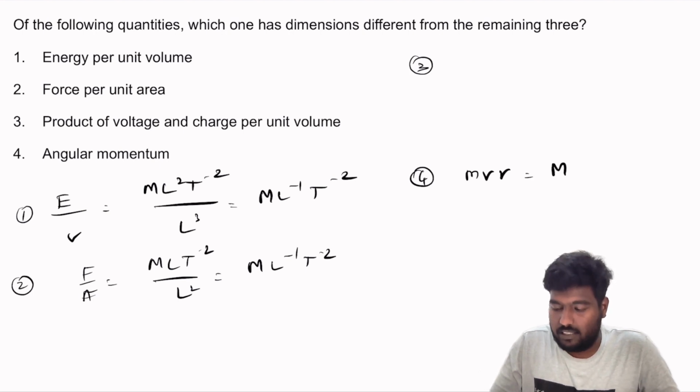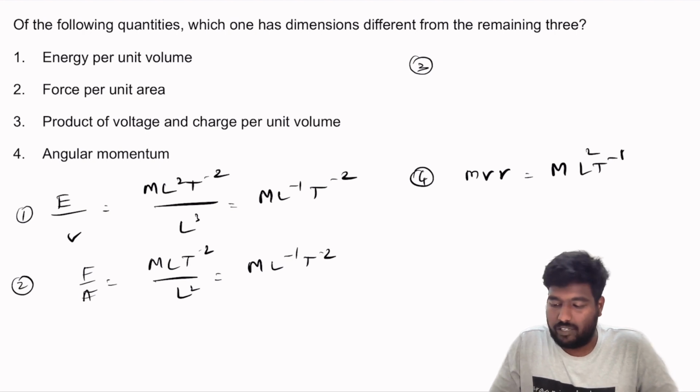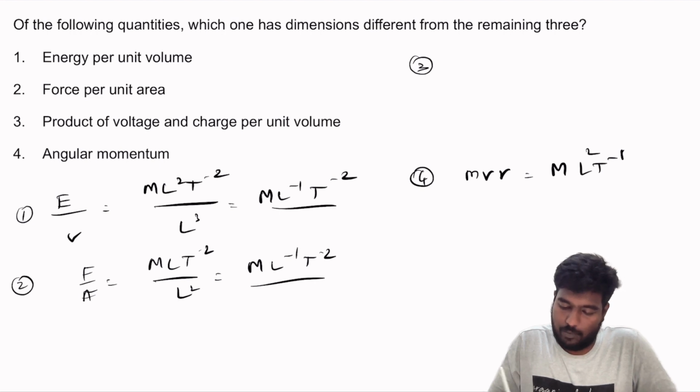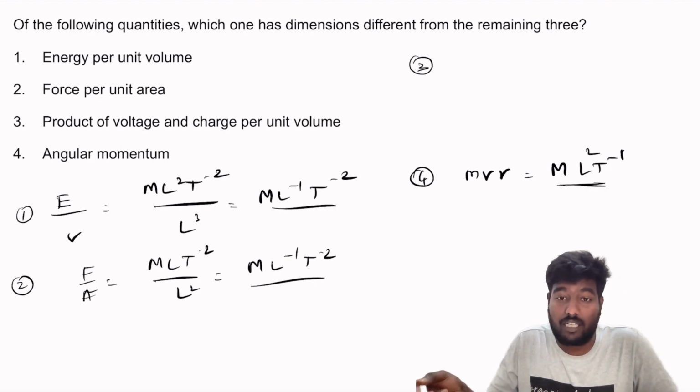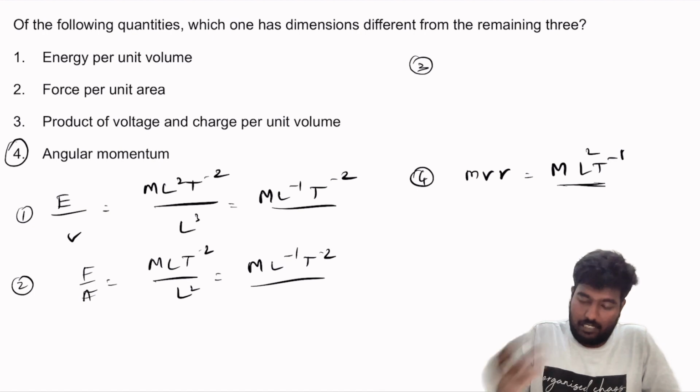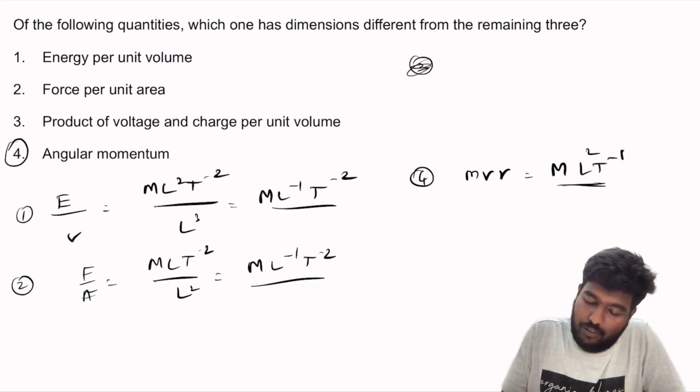So mass into L T power minus 1 into r, so M L square T power minus 1. All the others are M L inverse T power minus 2, but this is M L square T power minus 1. So this should be the different one. Okay, angular momentum. But let's work out the product of voltage and charge per unit volume.